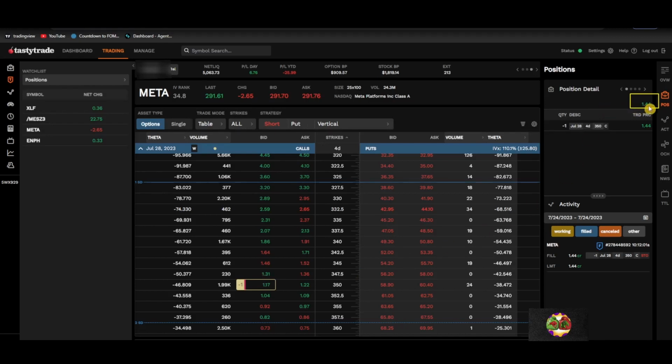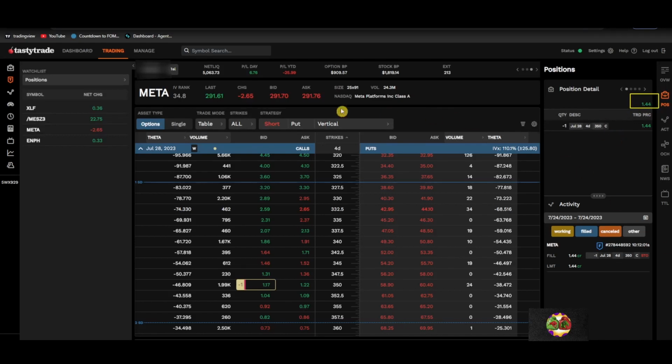So this $1.44 will equal, at expiration, as long as Meta stays below 350, I will collect $1.44, which is $144. Considering the account is only $5,000, that is a nice return on capital. It's better than 1%. Hell, it's better than 2%. It's damn near 3%.